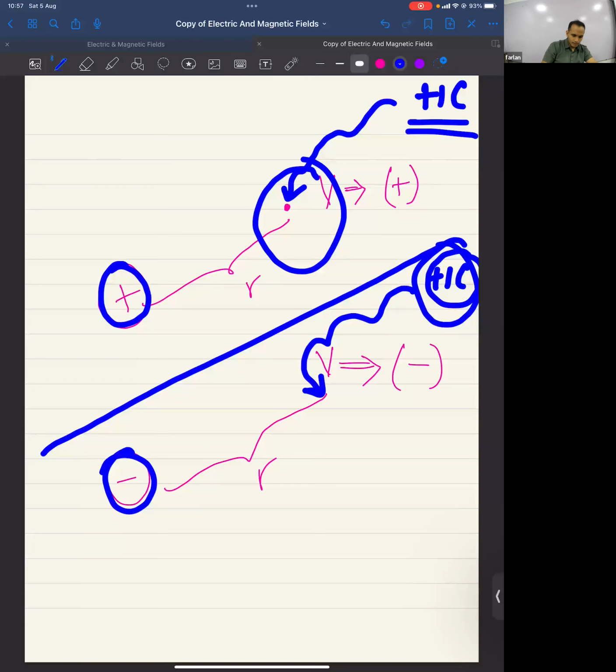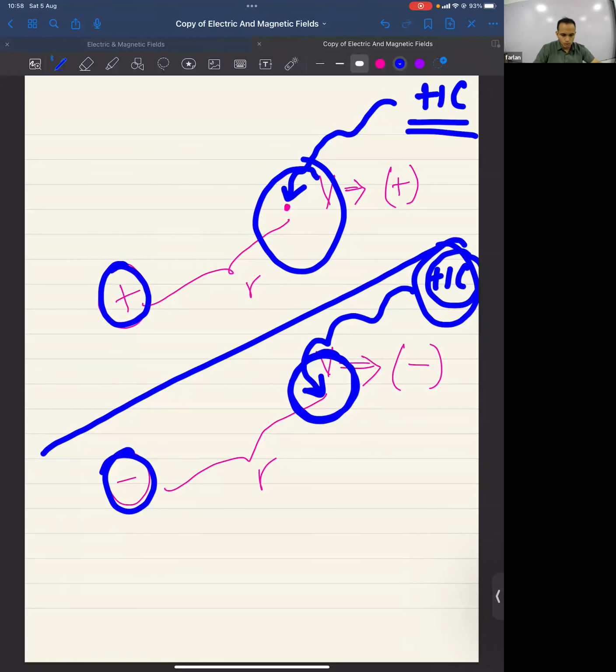So the work, we consider to be minus. So it's easy to remember: due to a positive charge, the electric potential around it will be positive. Due to a negative charge, the electric potential around it will be negative. It depends on whether the work is done by the field or by an external force.